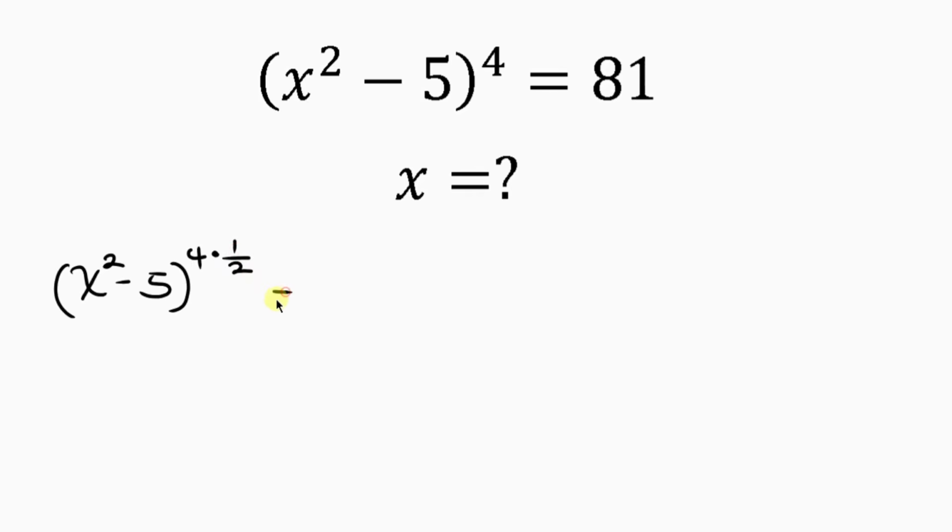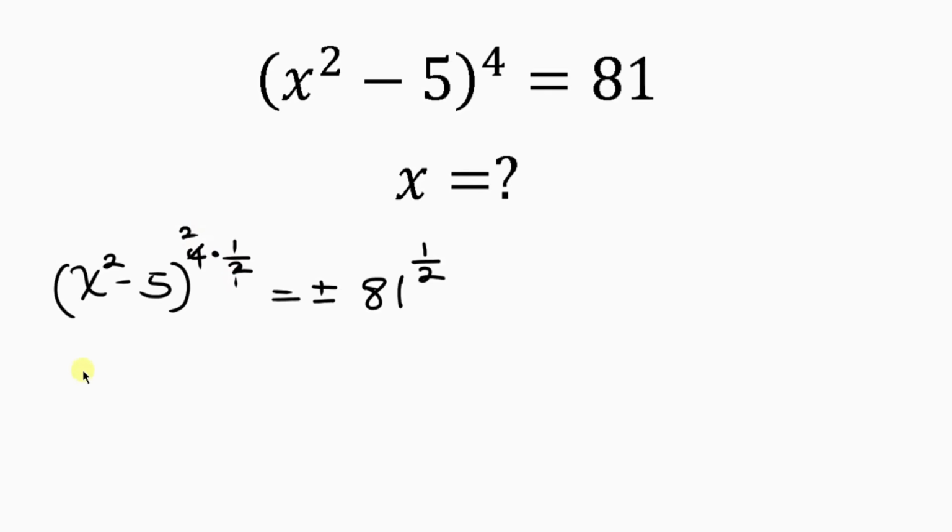This is equal to, now multiplying an exponent by 1/2 means taking the square root of both sides. That means I'm going to be adding plus or minus here, 81. And now remember, I'm multiplying by 1/2. Now notice that 2 here is 2, 2 here is 1.